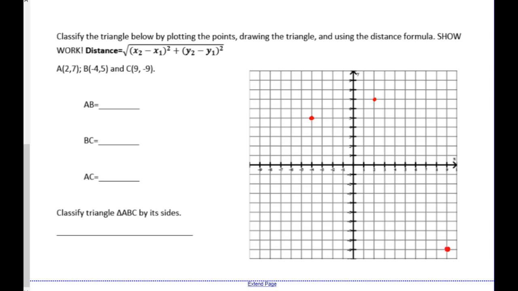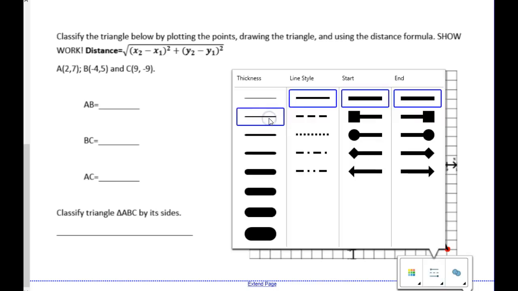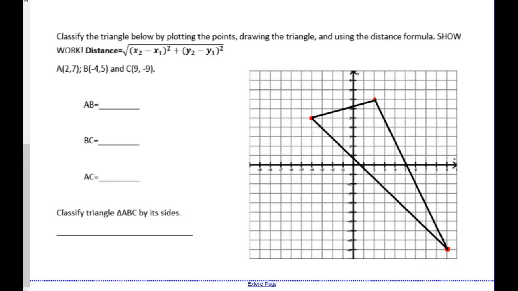Okay. So let's make some straight lines. Alright, now we need to use our distance formula. So let's set them up, and then we will plug them all in. So AB, distance formula is going to equal the square root of negative 4 minus 2 squared plus 5 minus 7 squared.